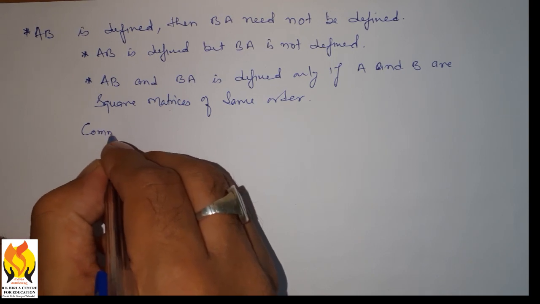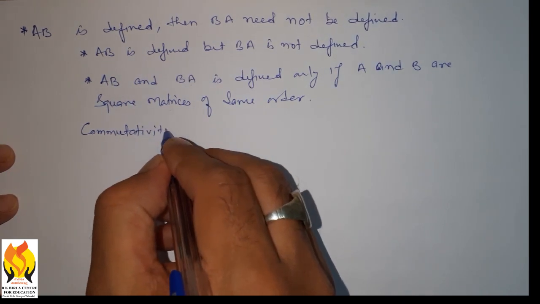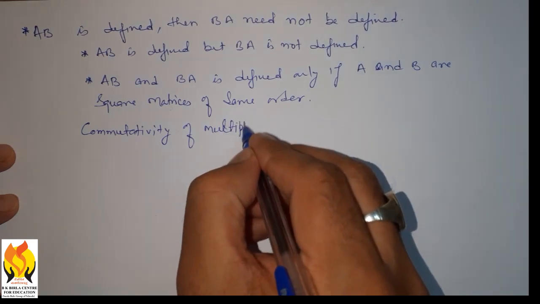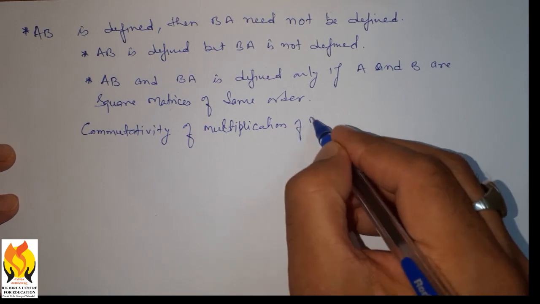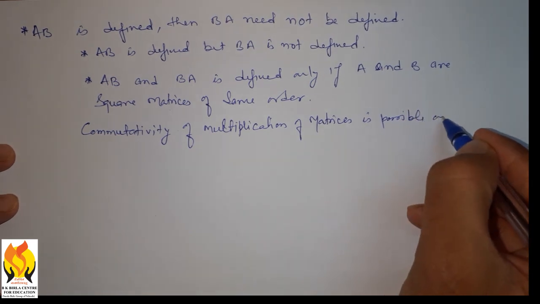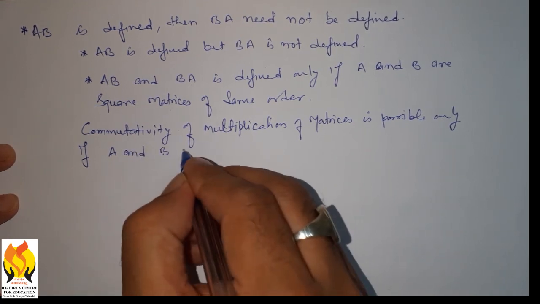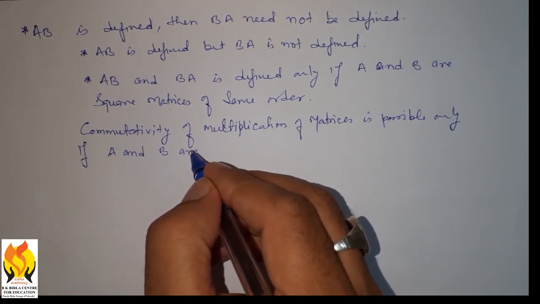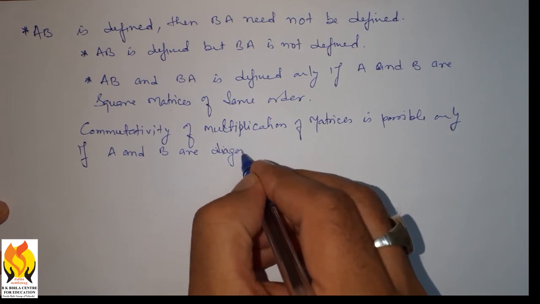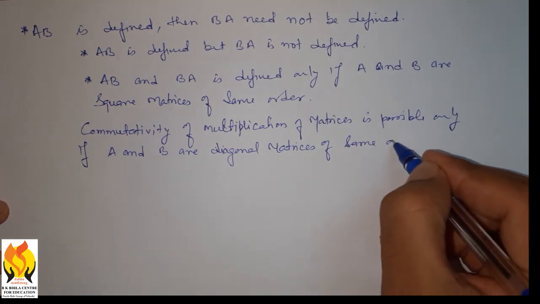Commutativity of multiplication of matrices is possible only if A and B are diagonal matrices of the same order.